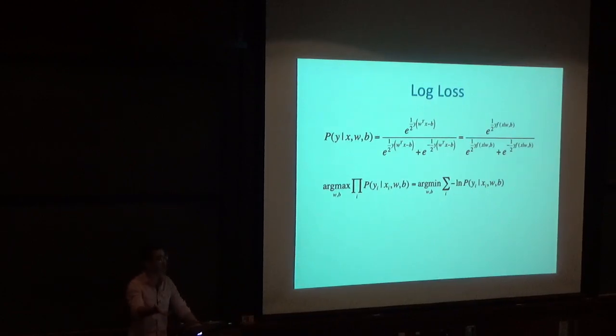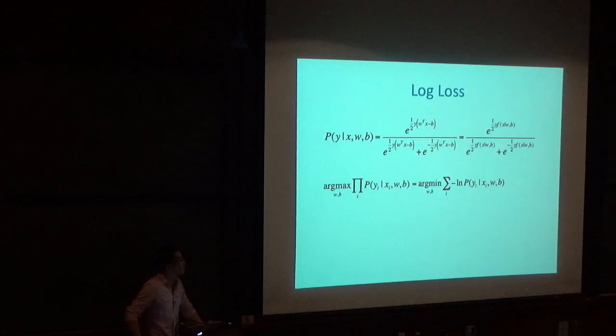If I take the negation of something, that converts a maximization problem to a minimization problem. And then if I take the log, well, the log of a product of terms is equal to the sum of the log of the terms, just by the law of logarithms. And so we get this expression right here.